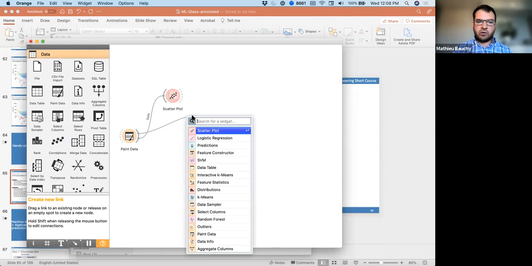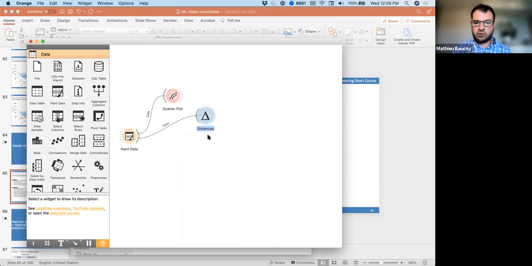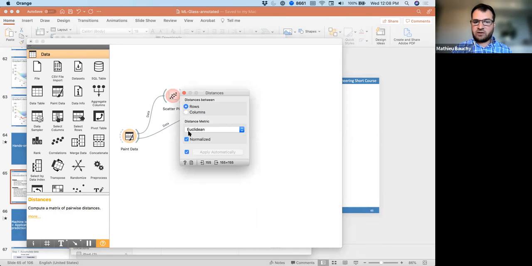I would draw a line starting from the data widget, and I'm going to define a new widget, which is the distances. What this distance widget does is that it calculates, for each pair of data points, the Euclidean distance between those 2 data points.